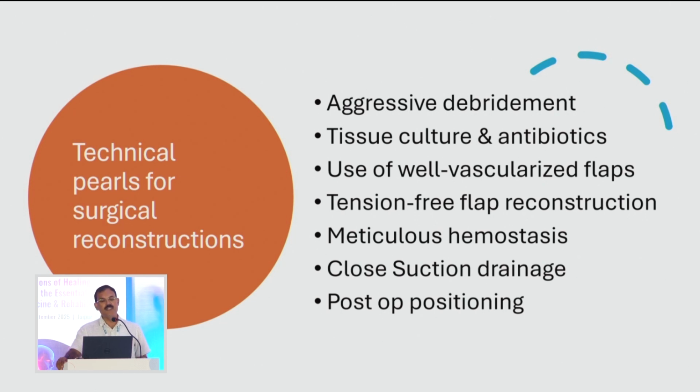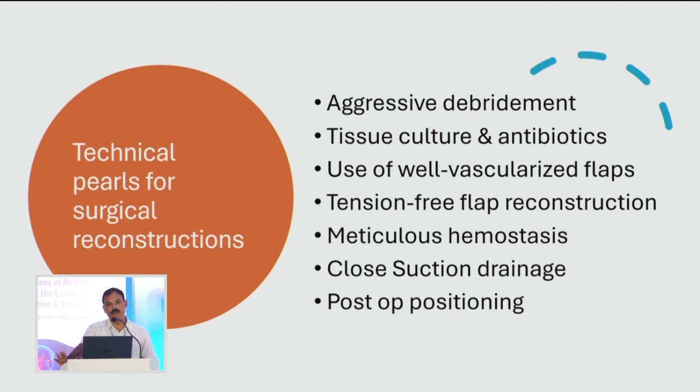Then tissue culture and antibiotics, as I said, don't rely on the culture sensitivity of the secretions only. So when you are going for debridement, send a piece of tissue for culture sensitivity tests for appropriate antibiotics for your next procedure. Use a well vascularized flap. Your flap design should be based on a definite artery, and when you close, tension-free flap reconstruction should be done.